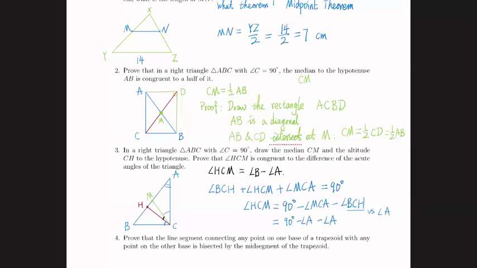So this one is easier. We have this right triangle. The summation of these two angles is 90. So you take the difference, we get 45. Oh, okay, so that's what they are looking for. It's angle B minus angle A.